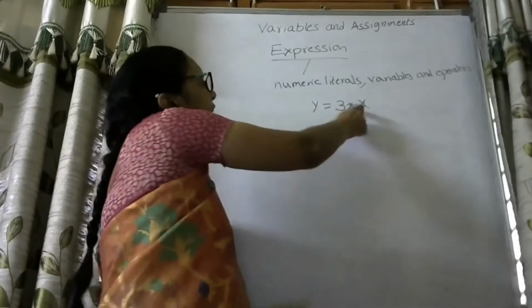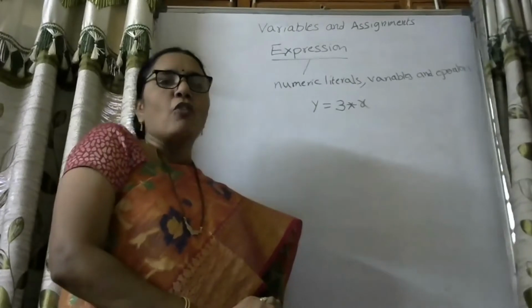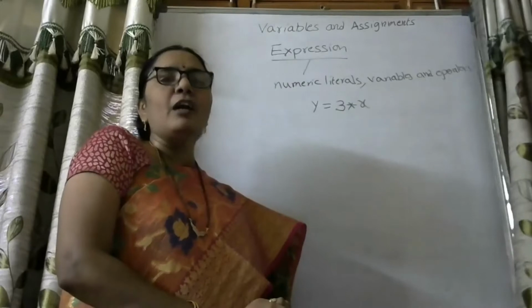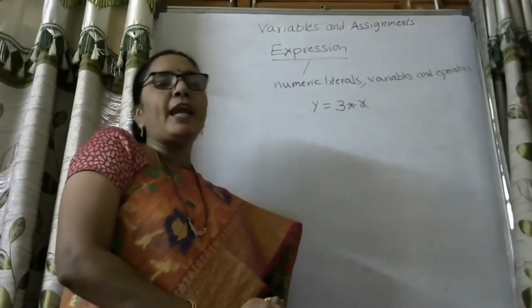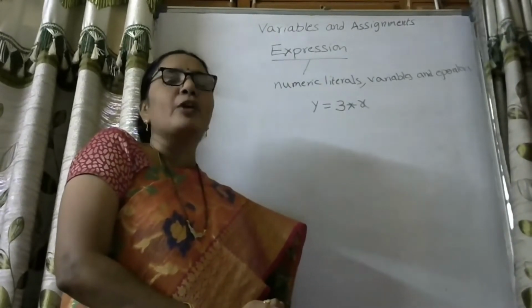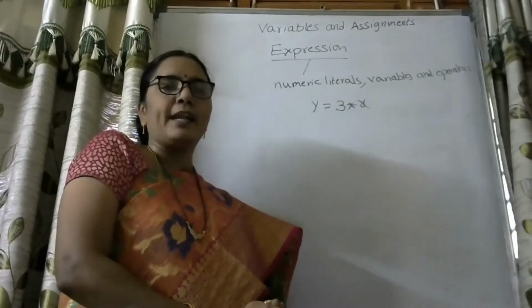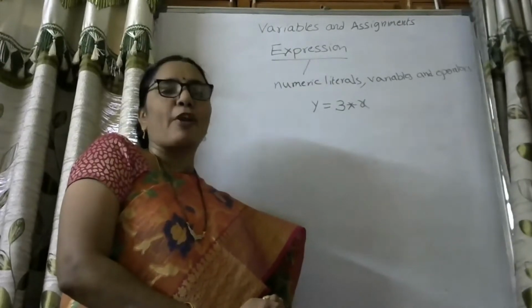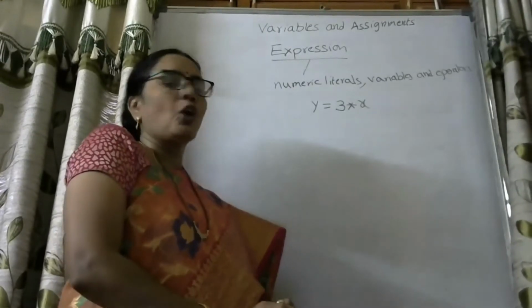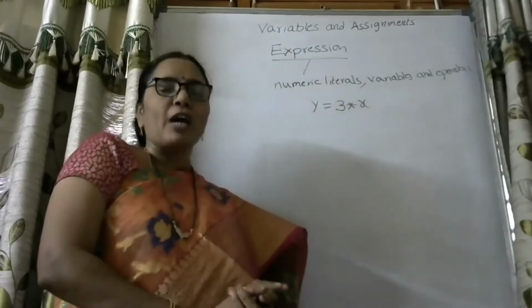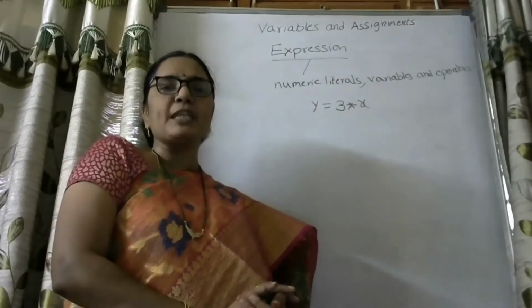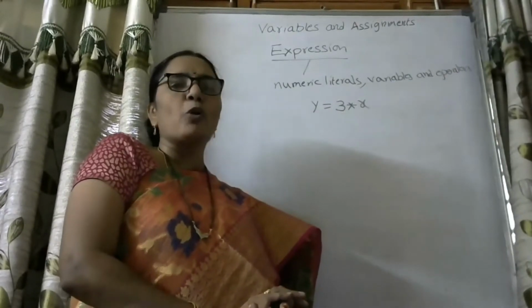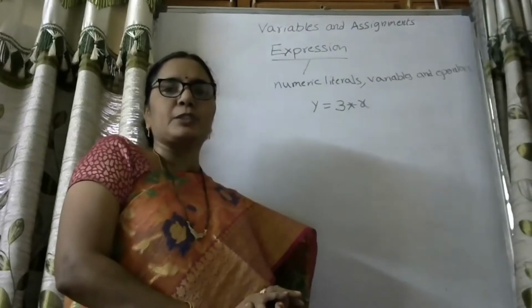Here in this expression, y and x are the variables, 3 is a numeric literal, and star and equal to are the operators of the Python language. So this is a simple example of an expression. What is meant by an expression? An expression is a combination of numerical literals, variables and operators.